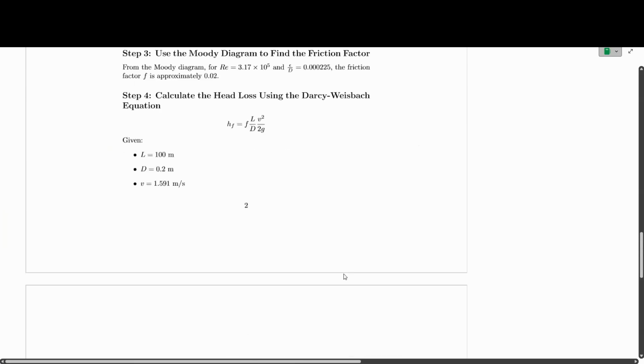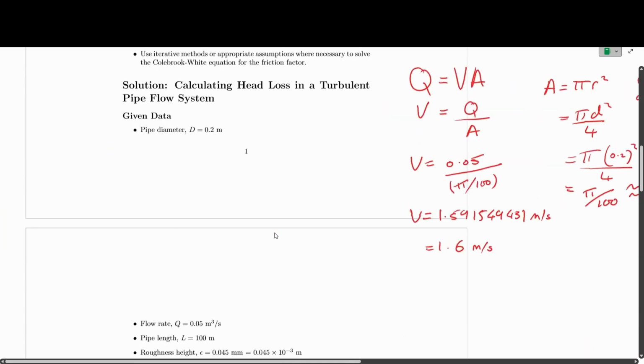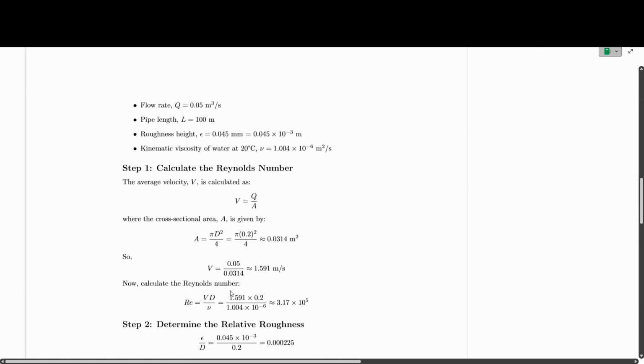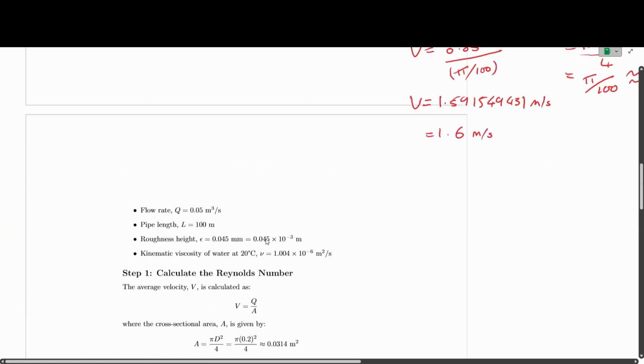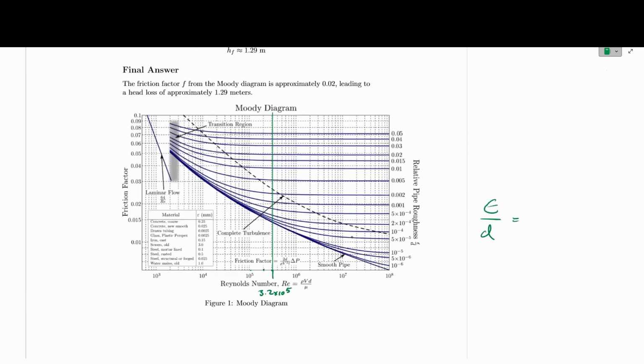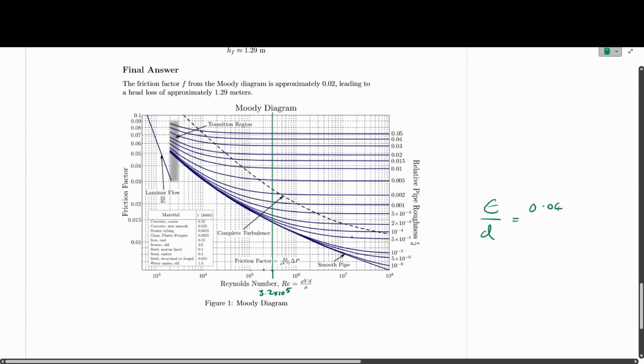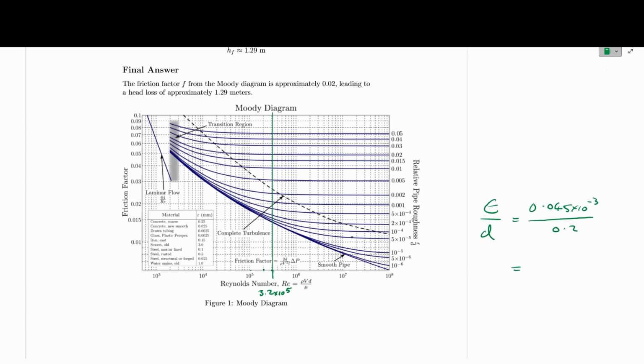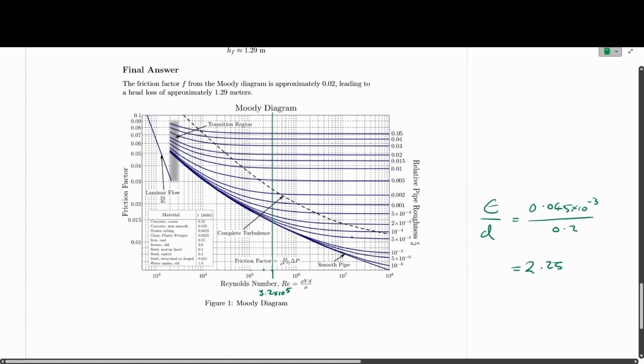Now, the pipe roughness height was given as 0.045 times 10 to the minus 3. Remember to do this in meters. The diameter was 0.2, giving us a relative pipe roughness of 0.045 times 10 to the minus 3 divided by 0.2, which is 2.25 times 10 to the minus 4.